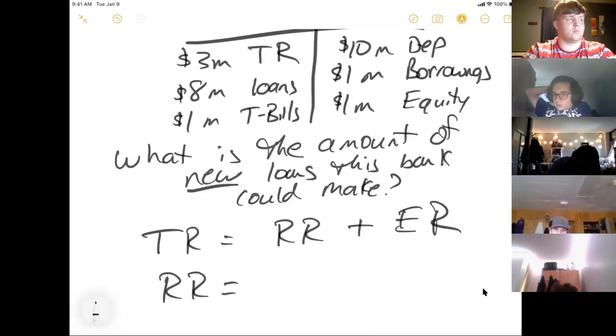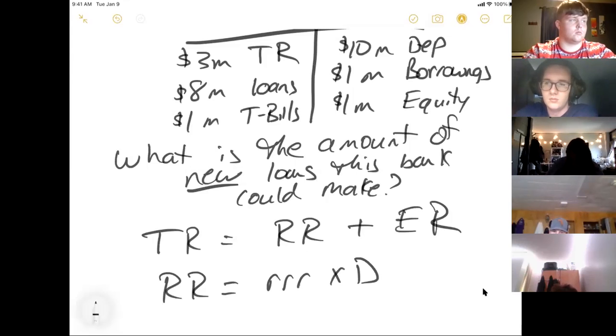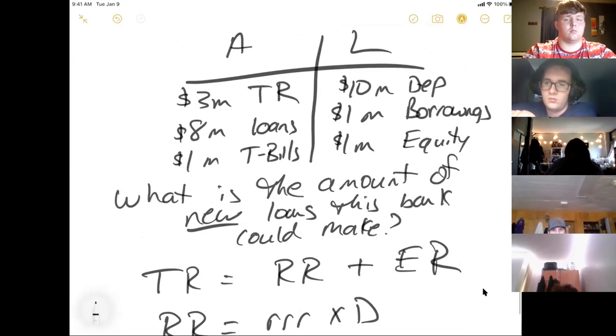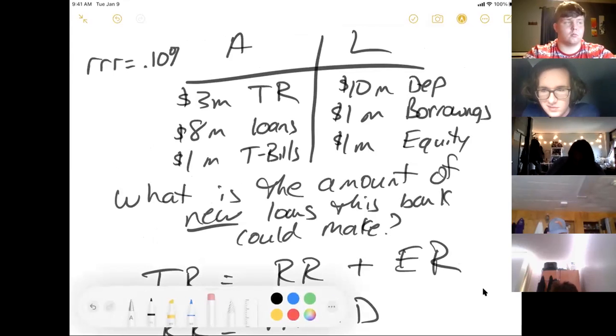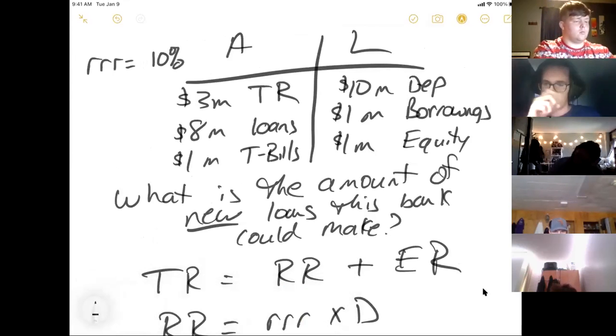And what are required reserves? The required reserve ratio times deposits. For our example, let's assume that the required reserve ratio is 10%.